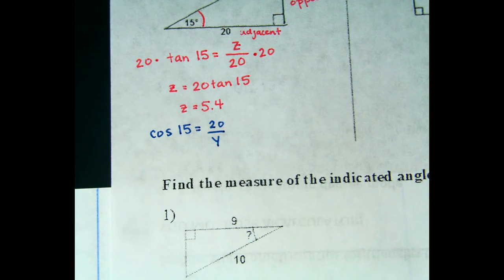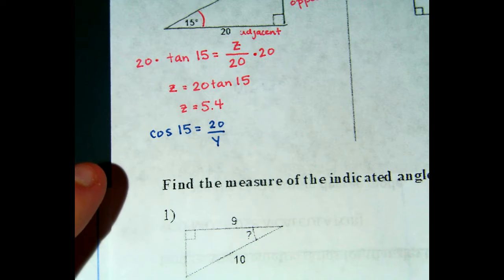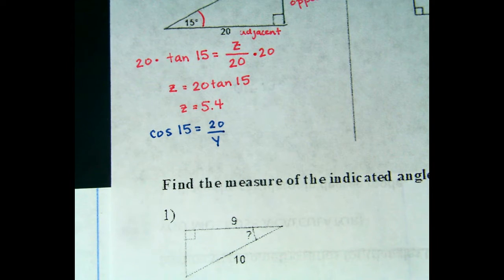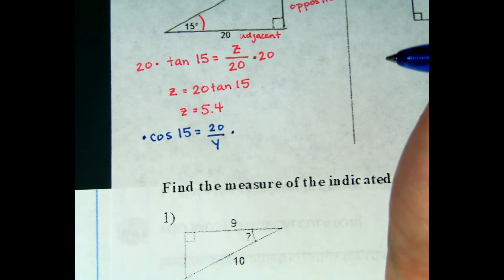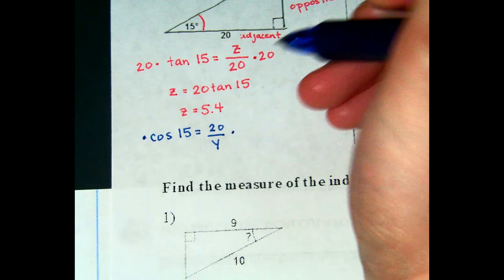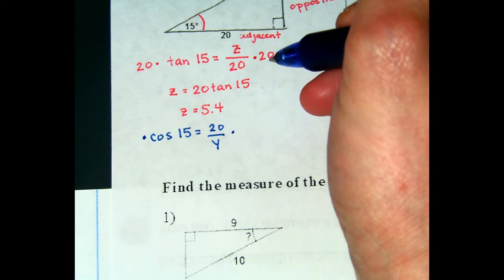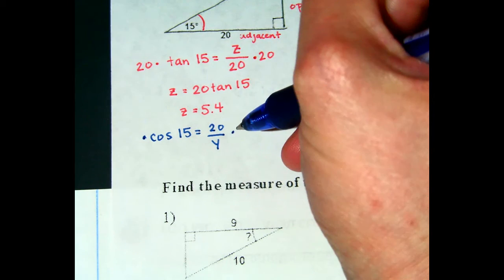Once I set it up, I should be okay, but what am I going to do with this problem? I got to multiply by something. What did I multiply by up here? Where was 20? What's in the denominator here?